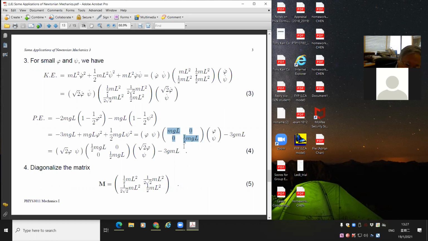So that's why I put in this square root 2 here. Now here I call it spring constant matrix. It's actually an identity matrix times 1/2 MGL. But this is only lucky enough. We have this form. It may not always be like this.